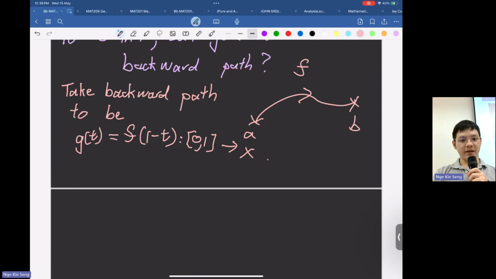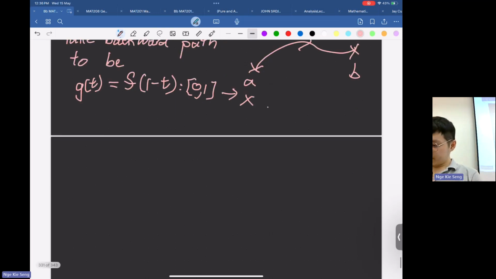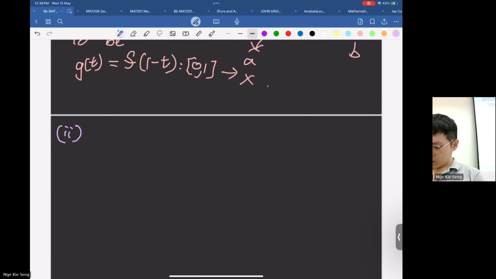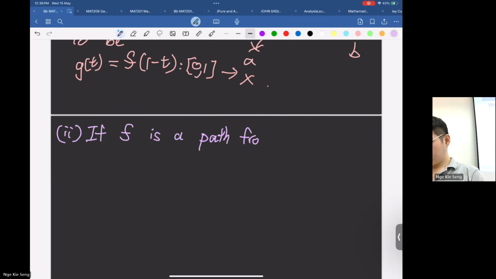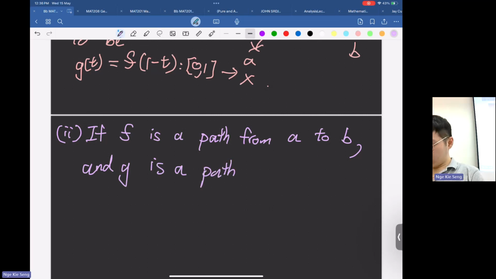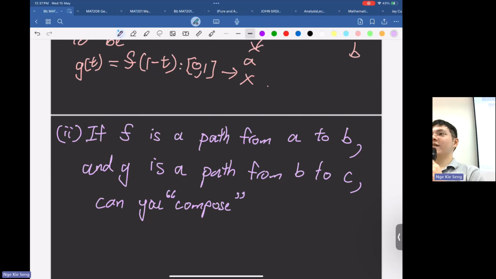So for example, let's say F again is a path from A to B, and G is a path from B to C. Can you compose them? Shouldn't use compose, or later you confuse with the compose function. So maybe combine also can.